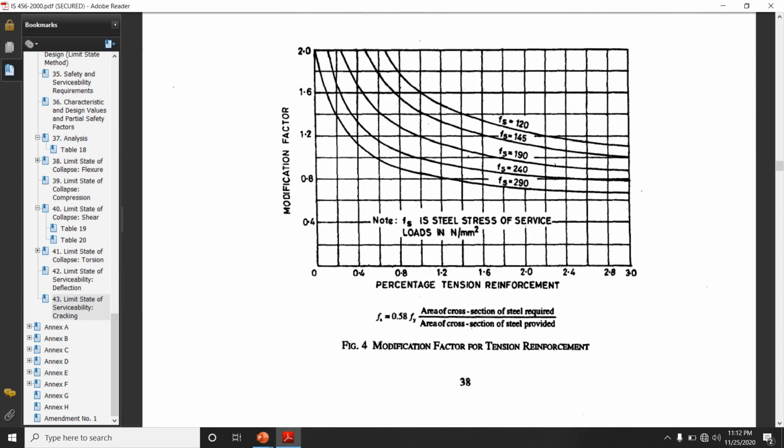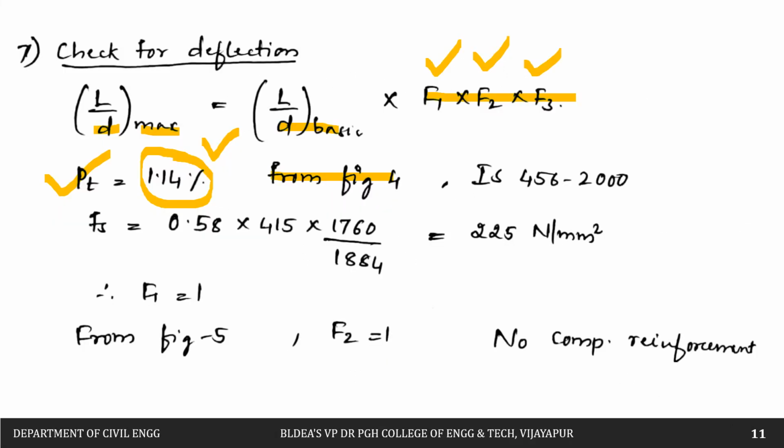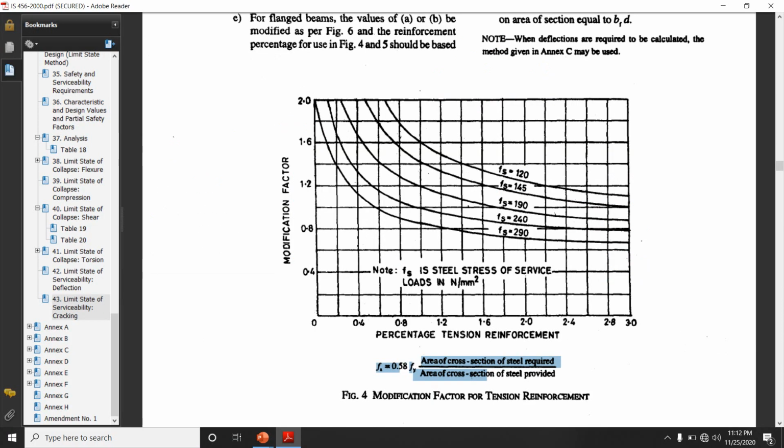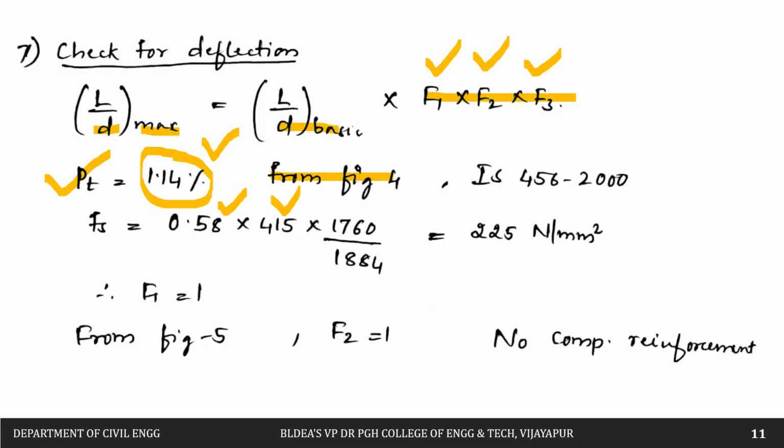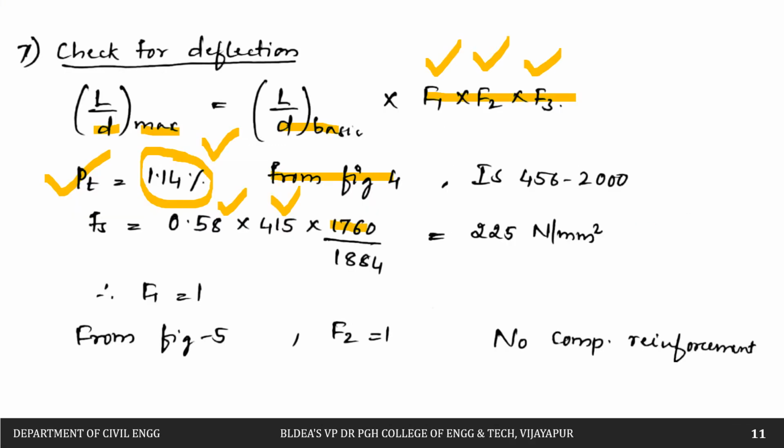Here we have, based on this modification factor for tension steel, this formula, that is fs equal to 0.58 fy multiplied by area of cross-section of steel required, that is 1760, divided by Ast provided, 1884. So you'll get the answer as somewhere around 225 newton per square mm.